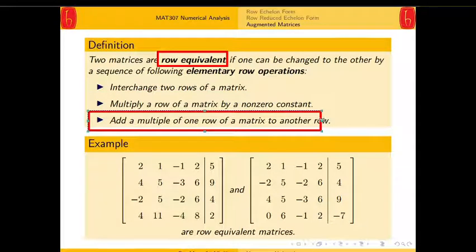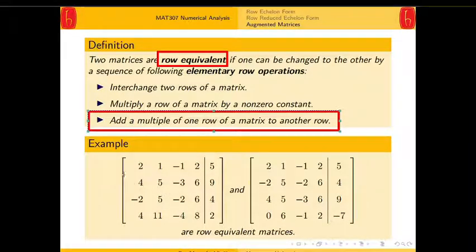Also, adding a multiple of one row of a matrix to another. If we add twice the second equation to the third equation, we still obtain a row equivalent matrix. An example: these matrices are row equivalent.